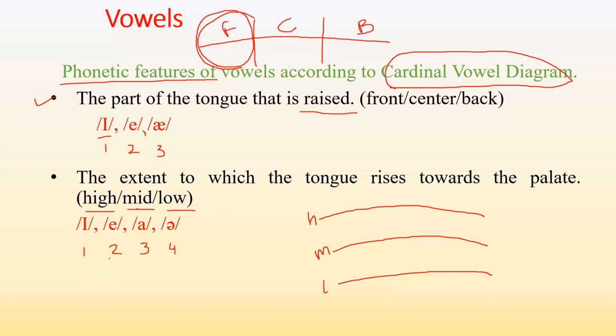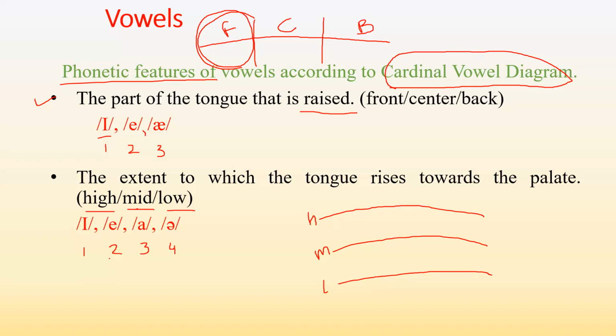A is a mid vowel, right? Because when we say A, the tongue is not high nor low. It lies somewhere in the middle of the mouth. So A is an example for a mid vowel.